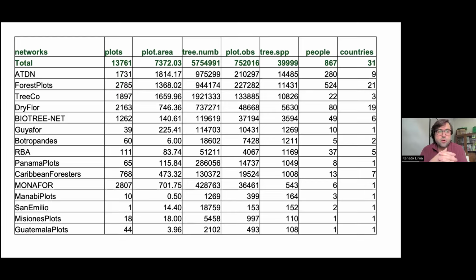Some of them are more open access. Some of them are more restricted. You need to ask for the data. You need to request collaborator per collaborator. So they are quite different, and they contributed a lot for different regions of Latin America. Next slide. Thank you, Jerome.